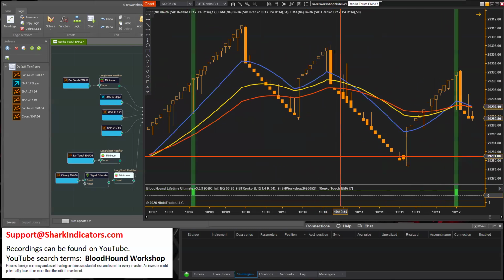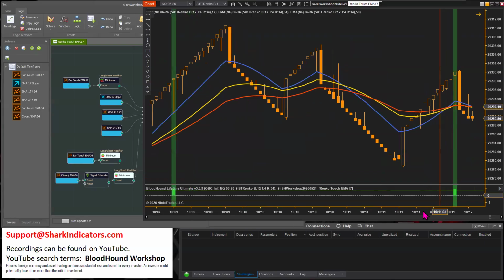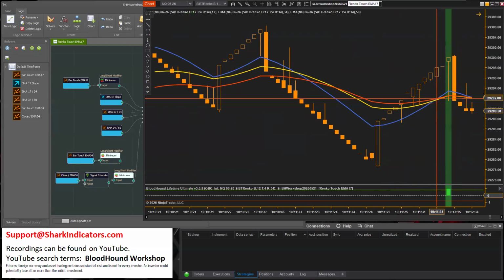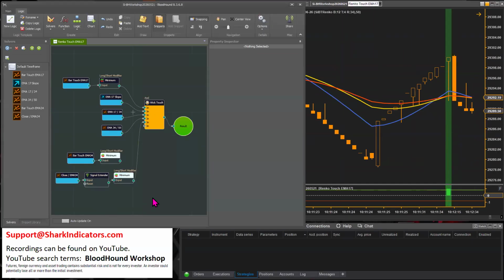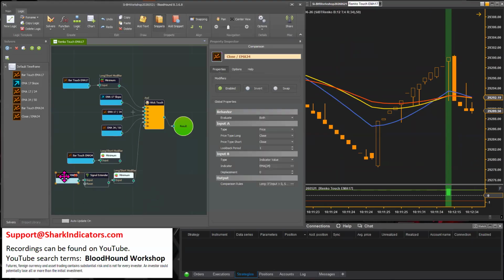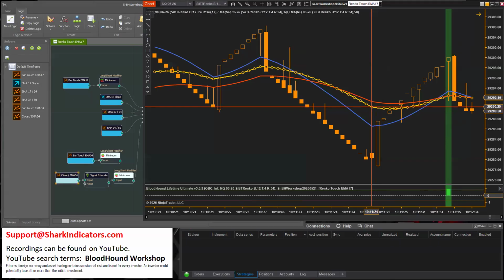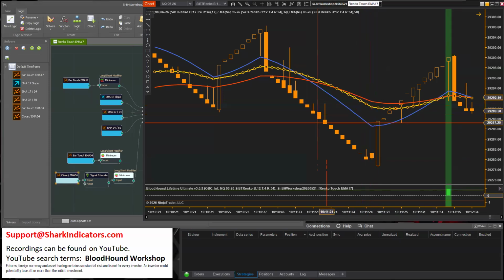All right. Well, here we go. So this kind of highlights the differences here. So this wick penetrated through all the EMAs, but still generated a signal if we're looking at the closing price actually touching the EMA 34 there, the middle one.